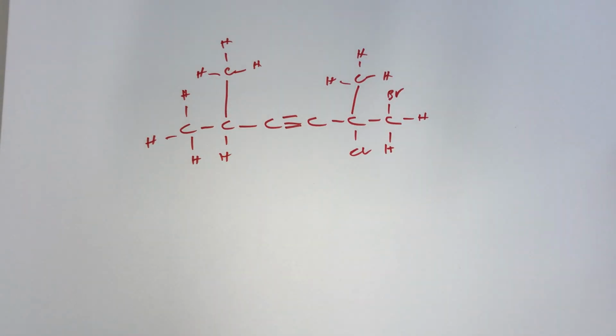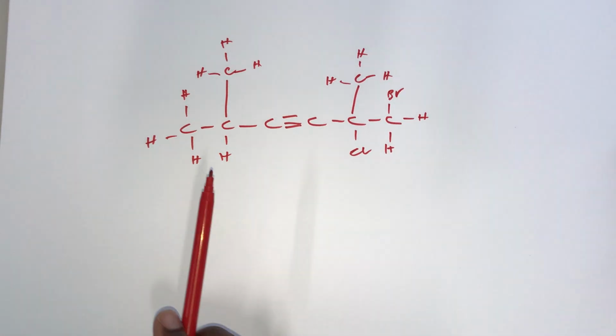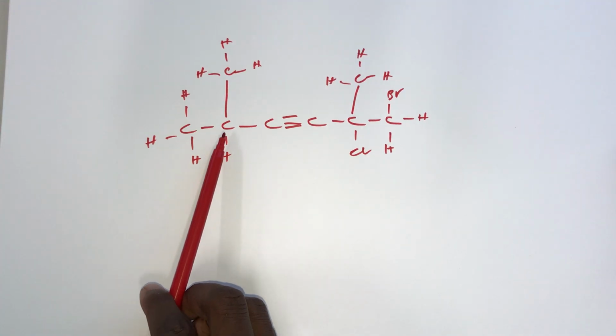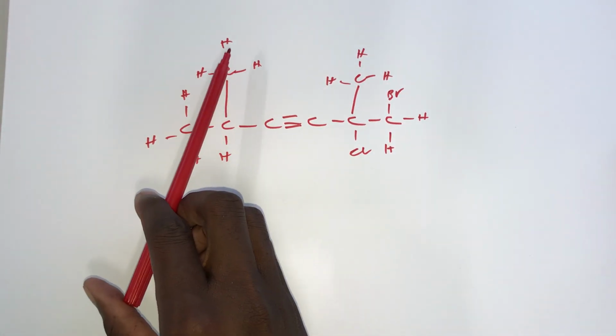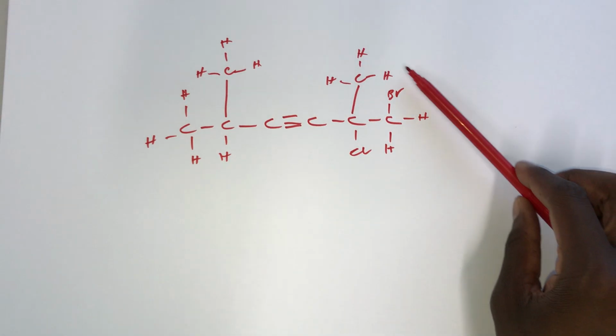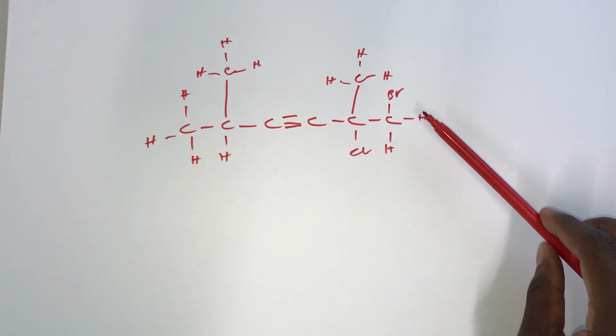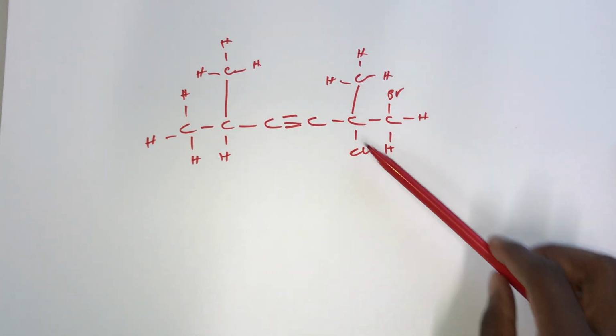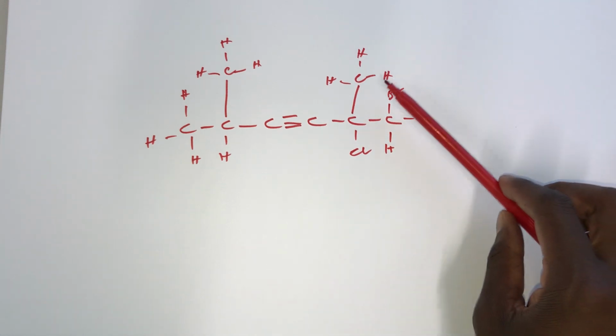Okay, so now let's check. From both sides, when we count, carbon atom number 2, there is a methyl. From this side, carbon atom number 2, there is bromine. Oh, this one's carbon atom number 1, sorry. Carbon atom number 1, there is bromine.